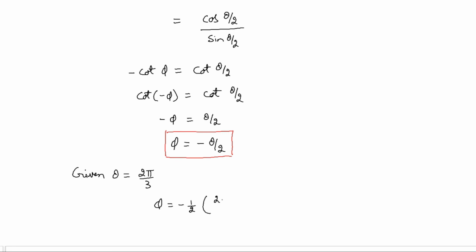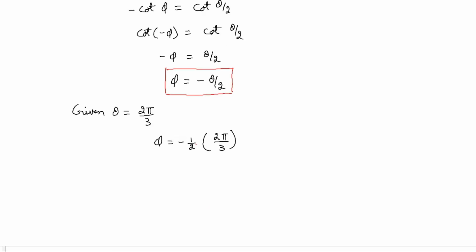But the value of theta is 2 pi by 3. So if you cancel out this 2, you'll be left with minus pi by 3. That gives the angle between the radius vector and tangent, phi, to be equal to minus pi by 3.